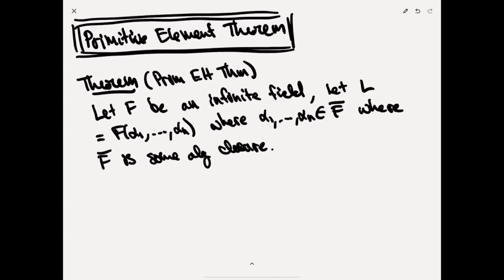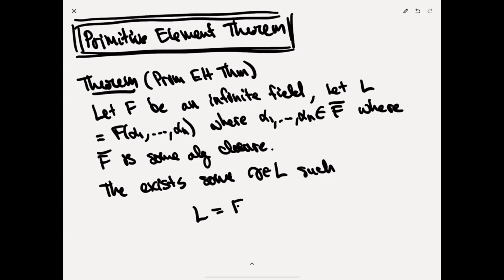So the theorem is there always exists some gamma, an element of L, such that this big extension L is just F adjoin gamma.